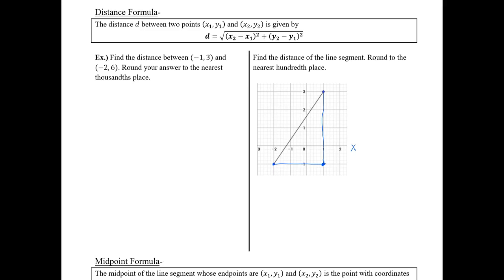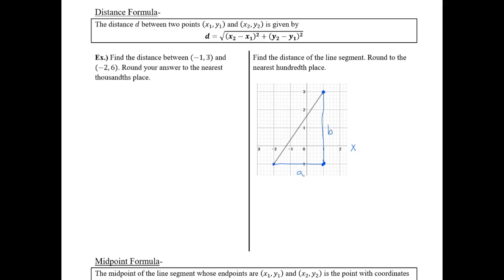That's where we get this x2 minus x1, and that gives us side A. Then the difference in the y values would be how far apart the y points are. From the lowest point to the highest point, we want to know the difference in those, and that gives us a b value.